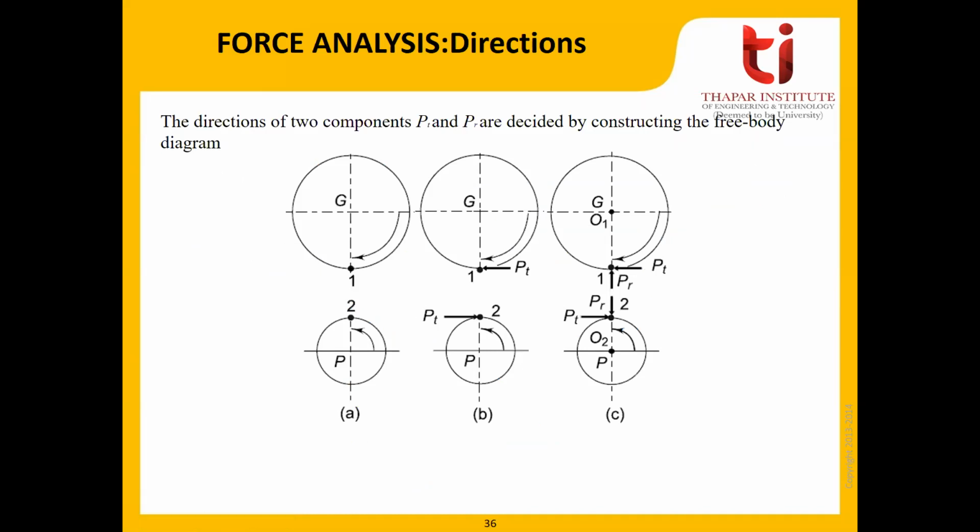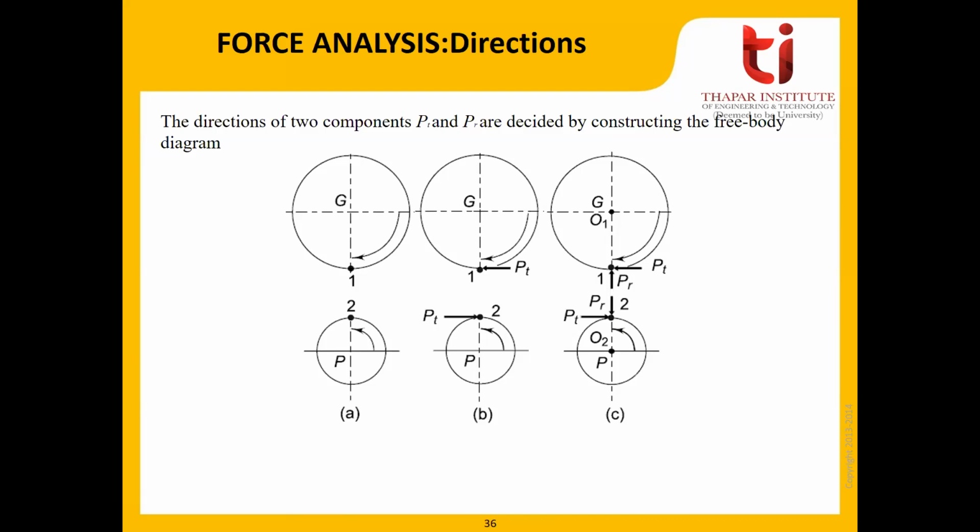This is the free body diagram to decide the direction of PT and PR on both of the gears. So one thing to remember, the driver will exert the force on the driven. So from here you can decide the direction of Pn. Next, Pn can be resolved into two components, one tangential and one radial.